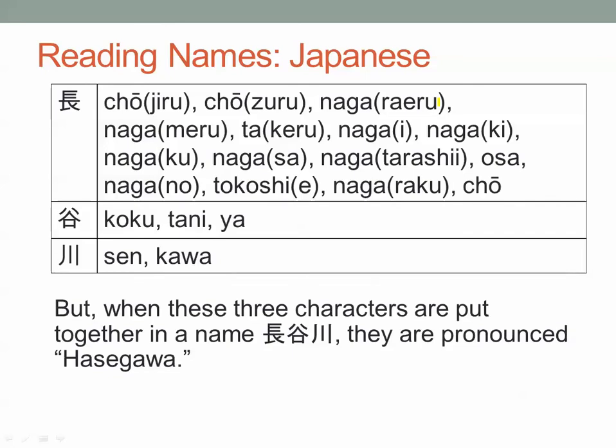I'm not kidding. Hase is nowhere in that list of readings for the kanji nagai. But here, that's how it gets read, ha. And then this one takes on se as a reading. And, well, you can guess where the kawa comes from, but those first 2 are just inscrutable.